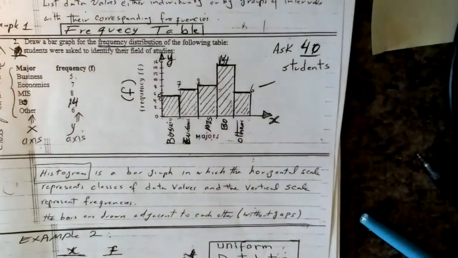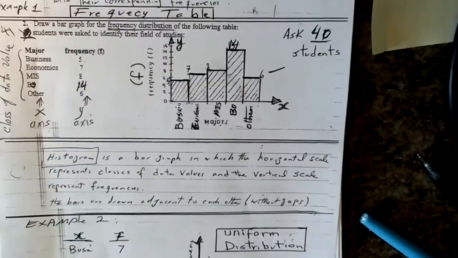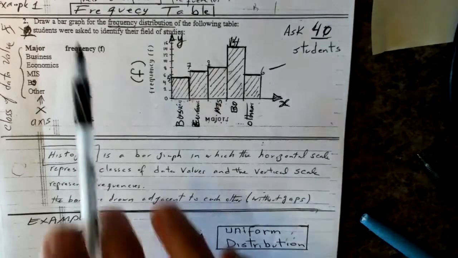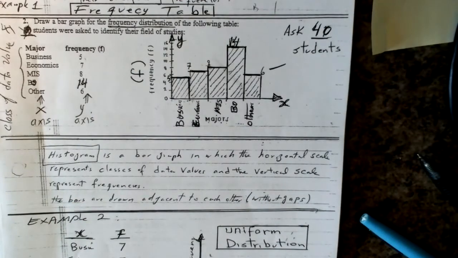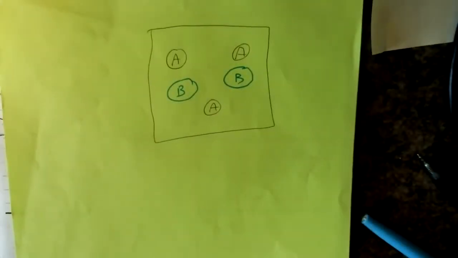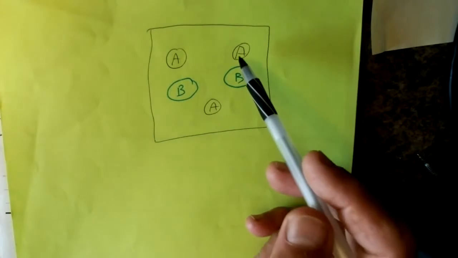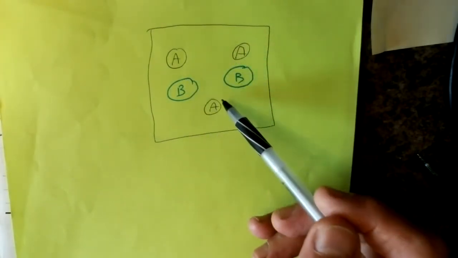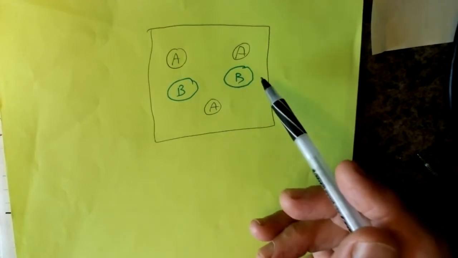Now here we want to talk about the frequency table. Let's assume that in one place there are 5 marbles, and 3 of them are labeled A and 2 of them B, okay?